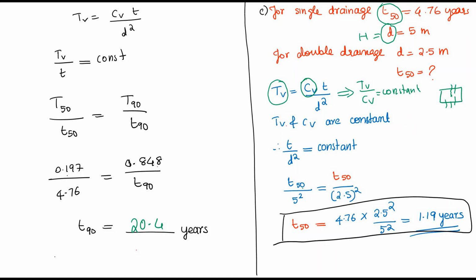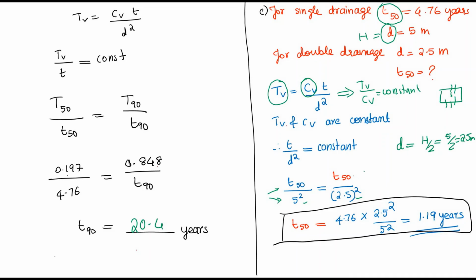For single drainage, T50 is known and the thickness is 5 square. But for double drainage, what will be the D value? Since it is double drainage, thickness by 2 will be the D value. The thickness is 5 meter, so 5 by 2 is 2.5 meter. Since both are in meters, I am not converting it into mm.